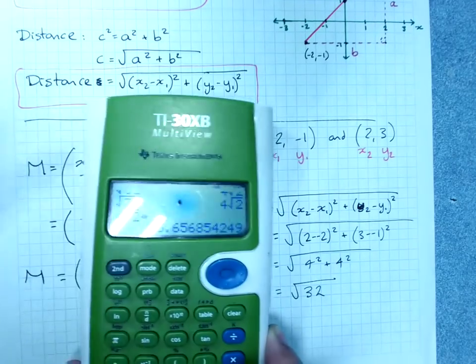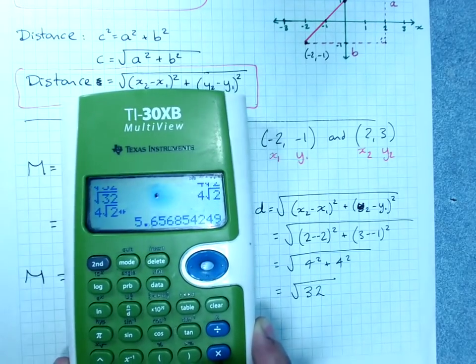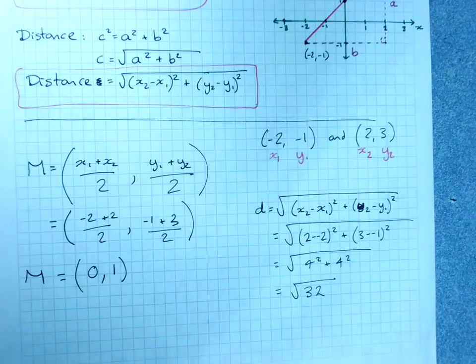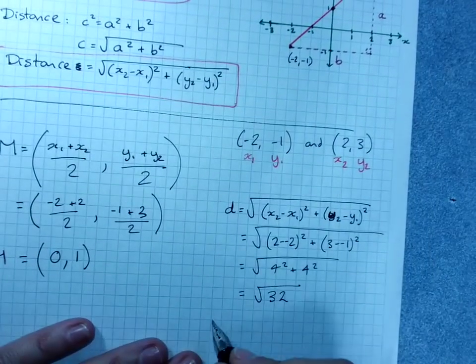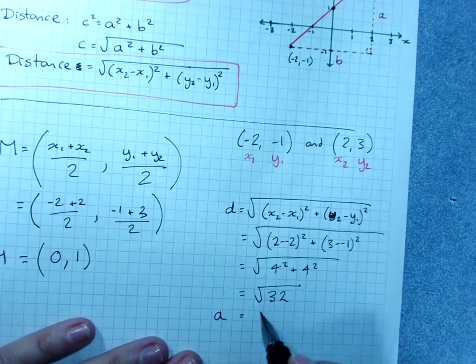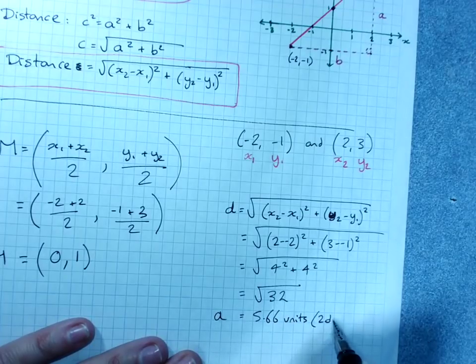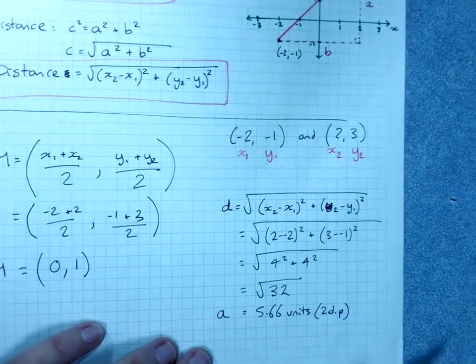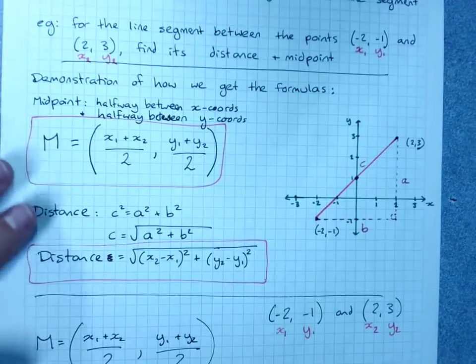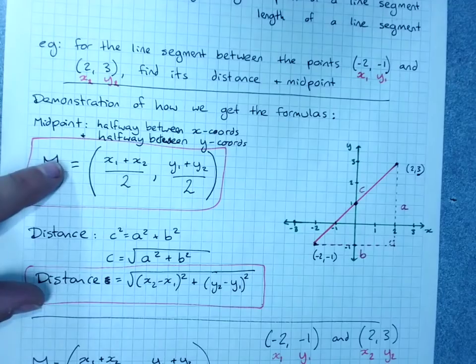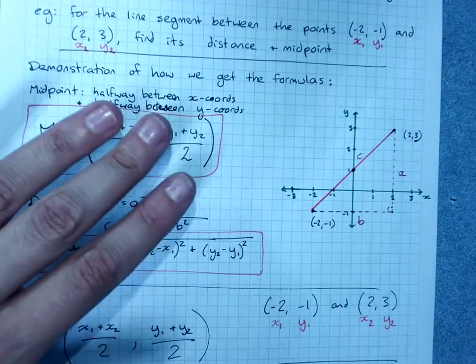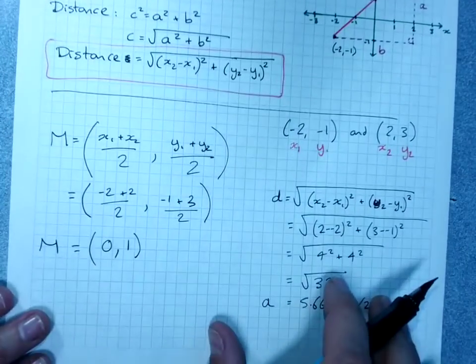If you were asked for exact values, you'd do 4 root 2 units. Otherwise, 5.66 units to 2 decimal places, because I'm saying I've rounded it. So that is the distance and the midpoint formula, and how we got them and how we use them.